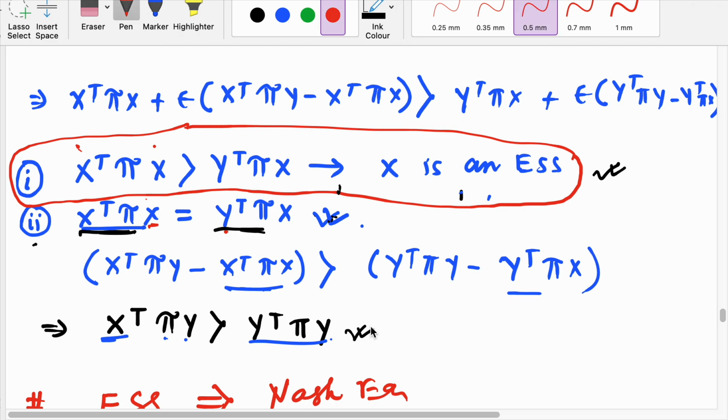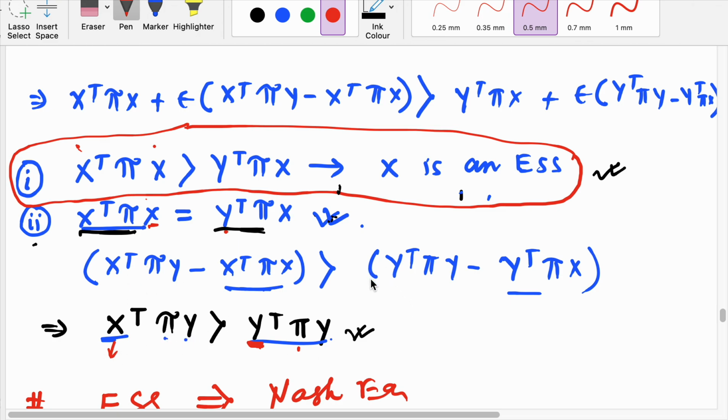It makes sense that what a resident individual gets playing against a mutant should be greater than what a mutant individual gets if she interacts with another mutant individual. Here this is the mutant strategy. If a mutant plays against a mutant, how much he gets should be lesser than what resident individuals get by playing with a mutant strategy.